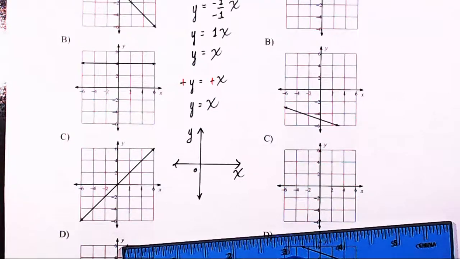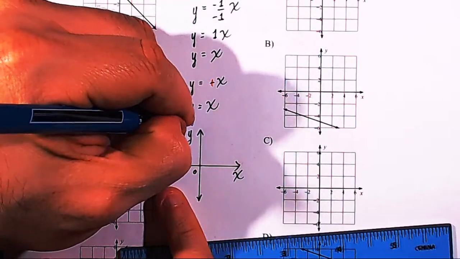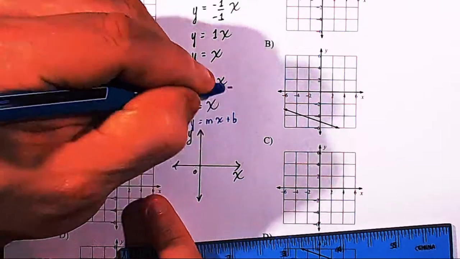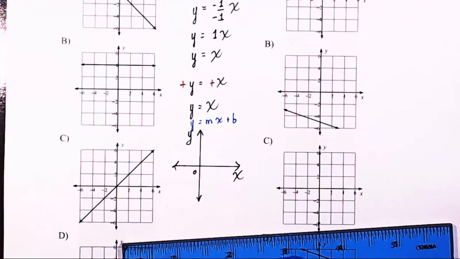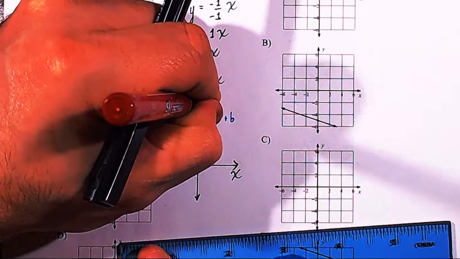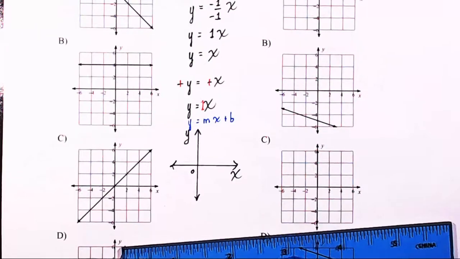Now, look at this equation, y equals x. Now remember, our slope-intercept form is telling me that I should have y equals mx plus b. So what's m and what's b? Well, remember, there is a 1 hiding in front of the x.